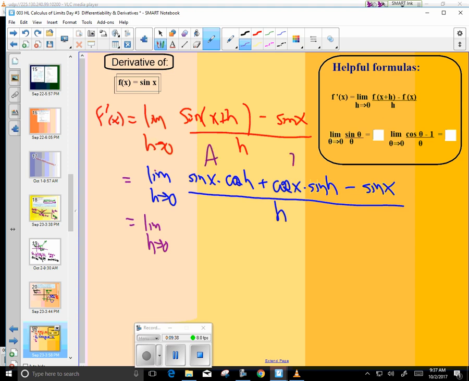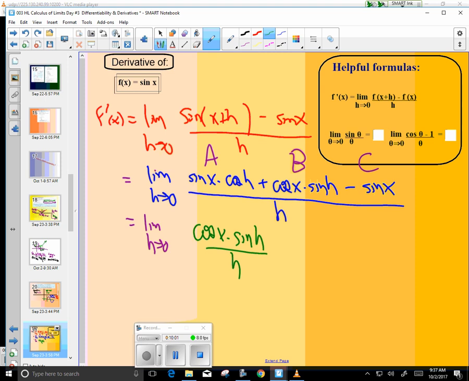All right. So now what we're going to do is we like this sine theta over theta. So if h approaches 0, it's going to have to be sine h over h. If I label these A, B, C, which of those terms is going to match with h here? A, B, or C? Look at what happens with B. You have the cosine x times the sine of h all over h.